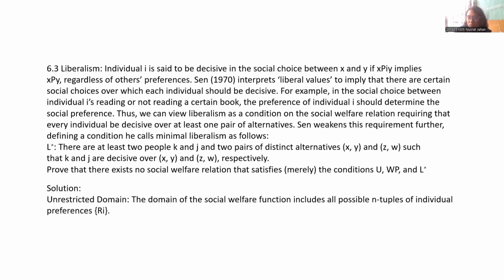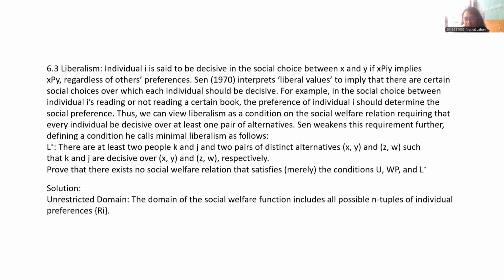Well, I would like to add some more things here. Okay, let's see the question first. It asks to prove that there exists no social welfare relation that satisfies the conditions U, WP, and L star.